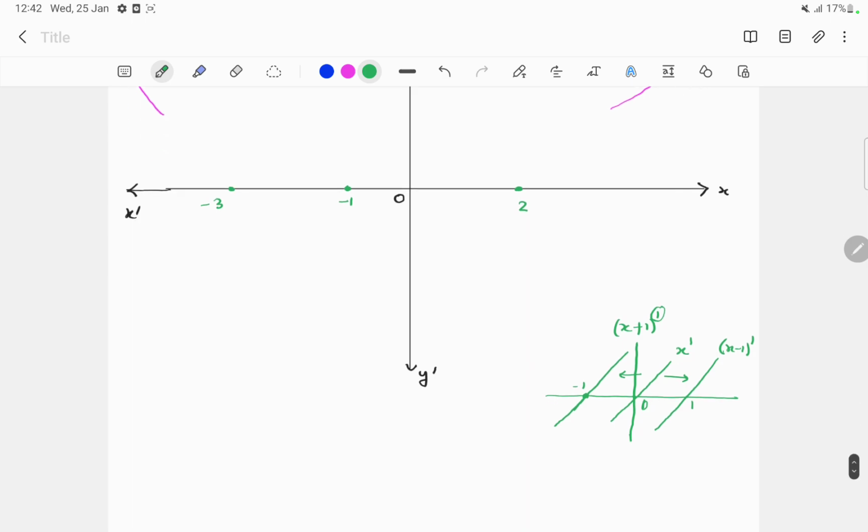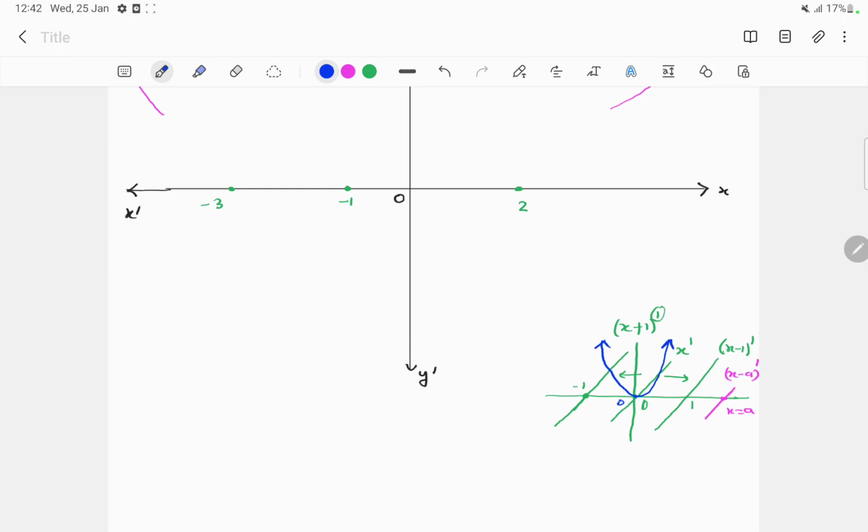So in general, if you have x minus a, it crosses the graph at the point x equal to a, directly crossing if you have x minus a whole to the power 1. Now what happens if you take x minus a whole square? For example, if you draw the x square graph, it will be a parabola.